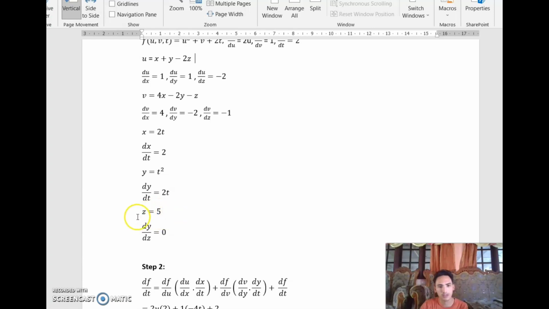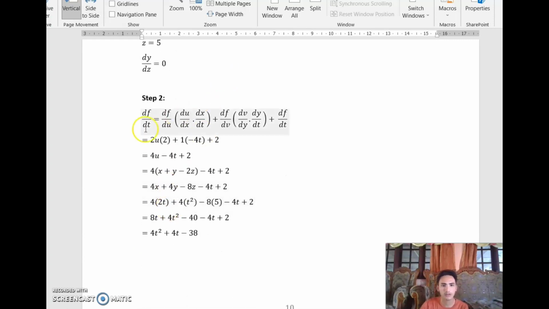For the last function, z is equal to 5. We differentiate dz over dt, we get 0 because there is no function of t here. For step 2, we know the formula to get df over dt.